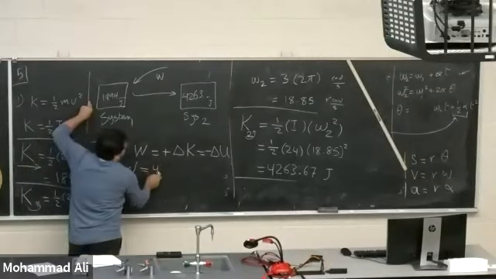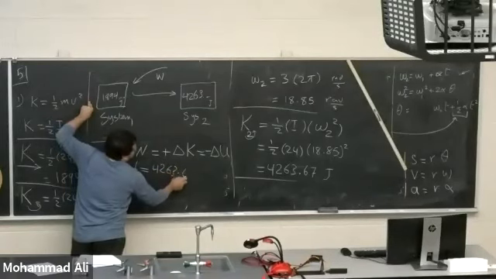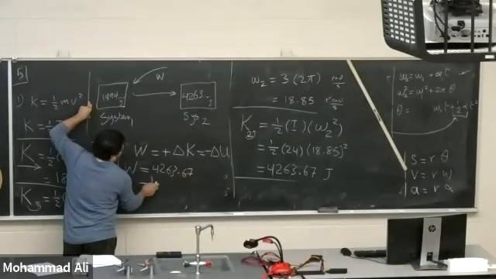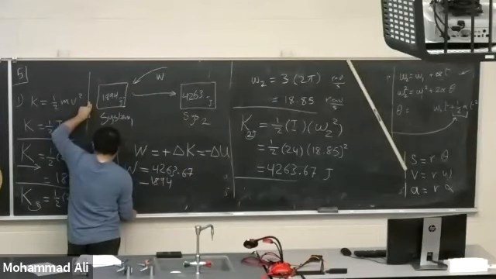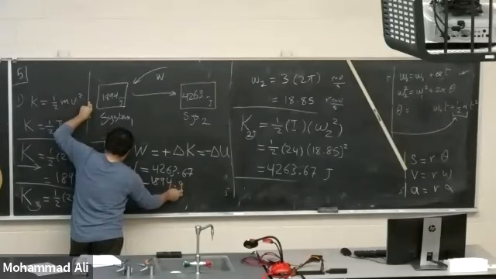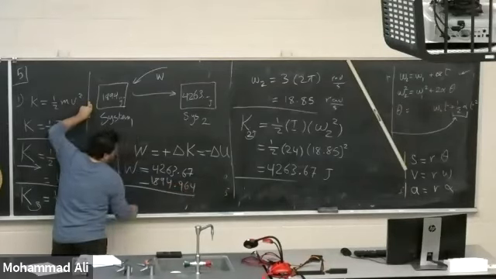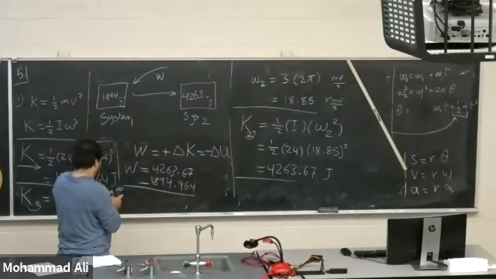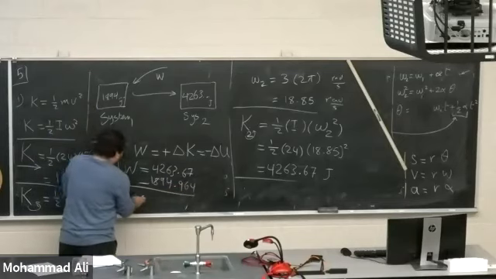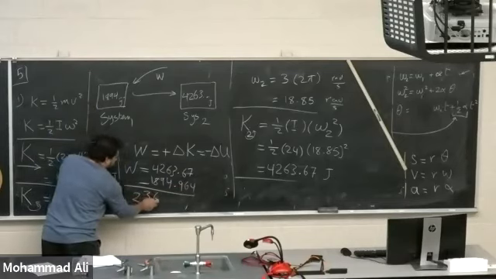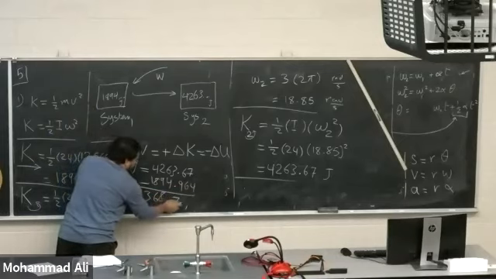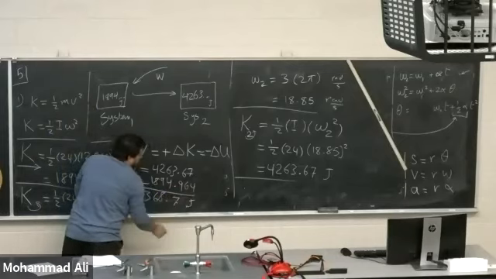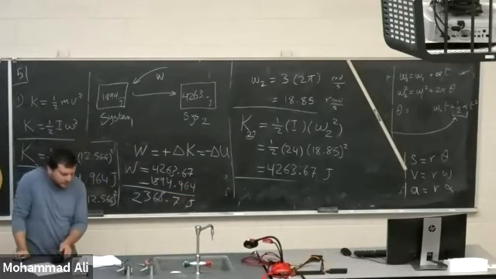It is 4,263.67 minus 1894.964. So the work done here is equal to 2,368.70 something joules. This is the work done.